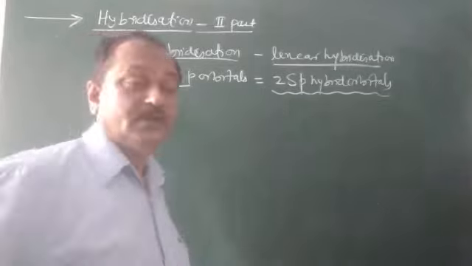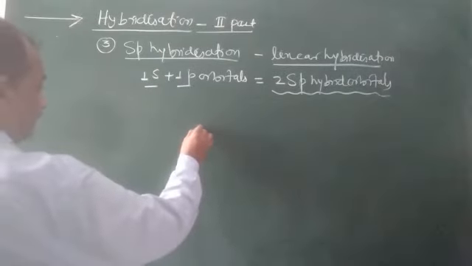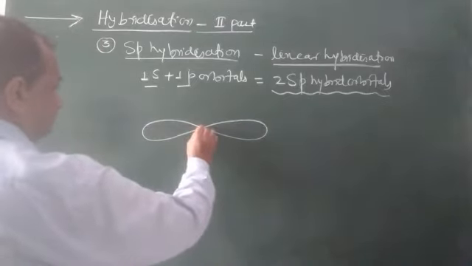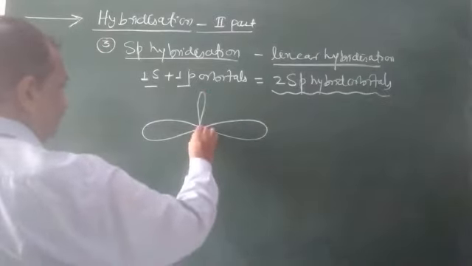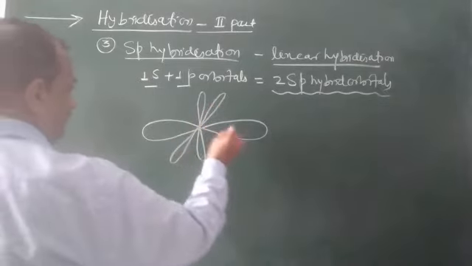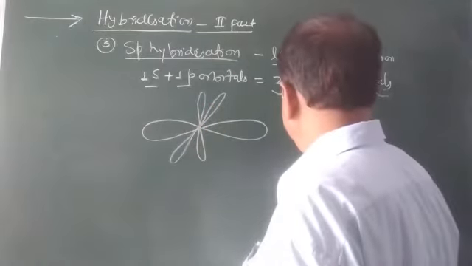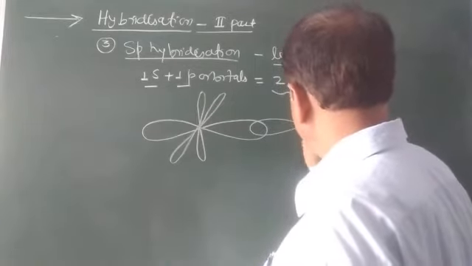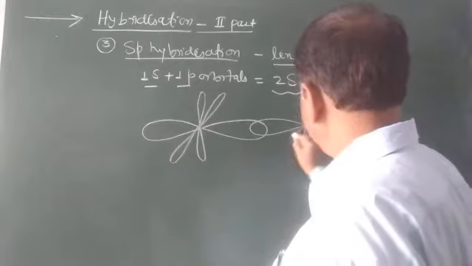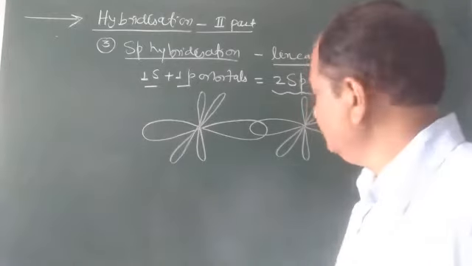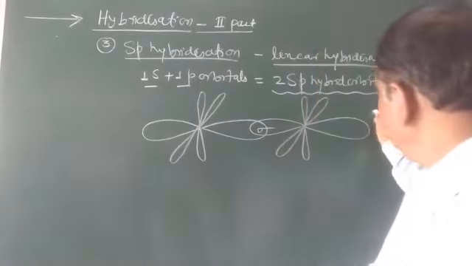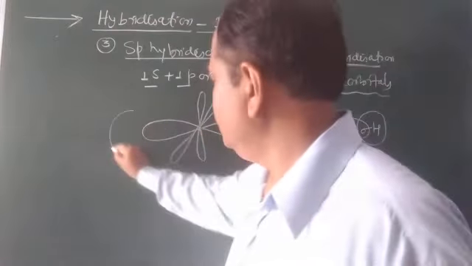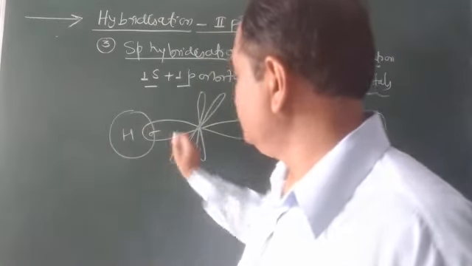I'm drawing again for better explanation so you can understand more clearly. This is one carbon, here the other, and here one hydrogen sigma, and here the other hydrogen sigma.